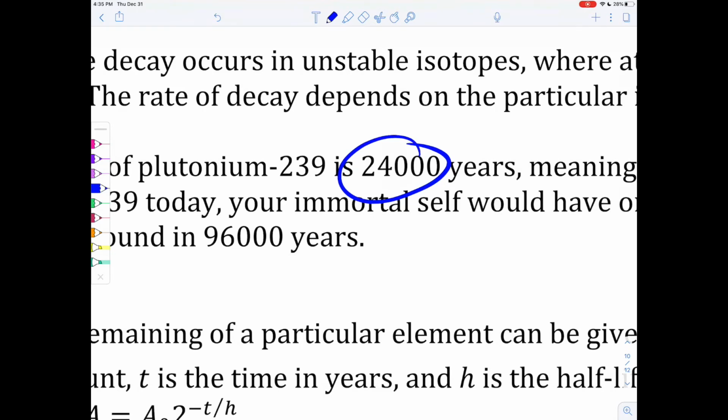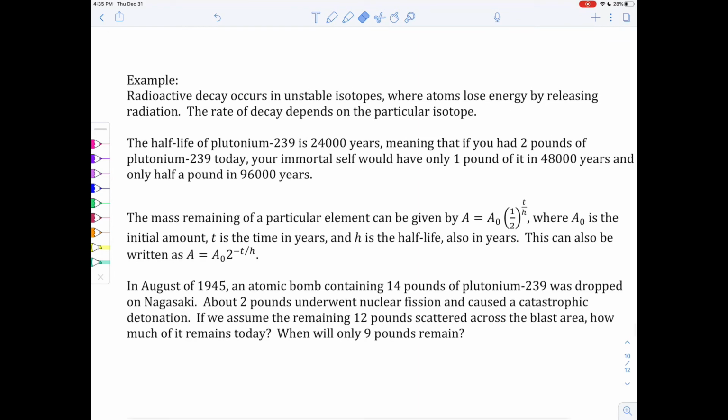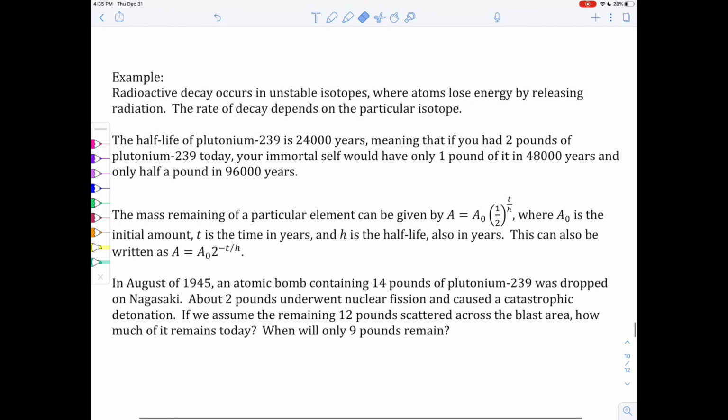So it's not like the 100% is gone after 48,000 years. It keeps reducing by 50% after that much time, relative to what it was like 24,000 years prior. So if you had, here's the example. If you had 2 pounds of it now, then you'd have, whoa, who's putting typos in here?